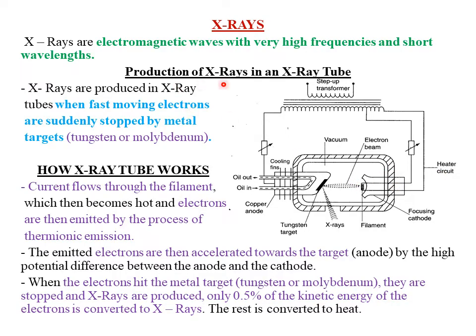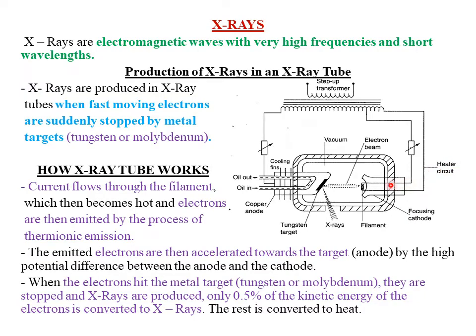X-rays are usually produced in X-ray tubes, as shown in this diagram. X-rays are produced when fast-moving electrons are suddenly stopped by a metal target. You can see in this case we have a step-up transformer which is stepping up our voltage. That stepped up voltage is coming into this cathode through the heater circuit.